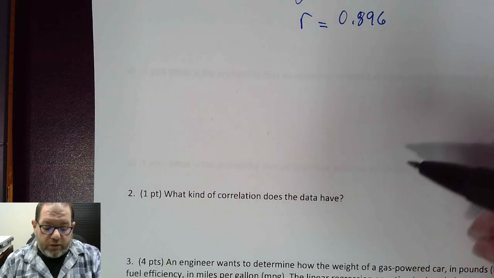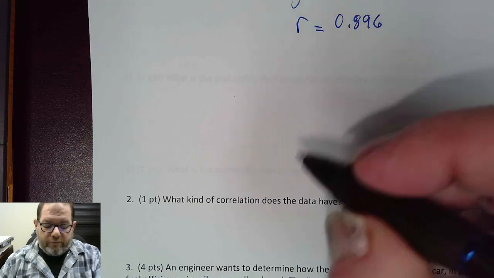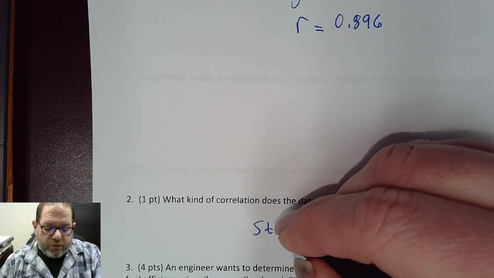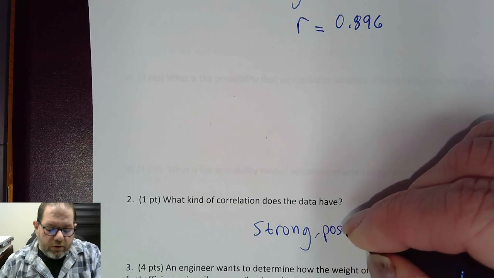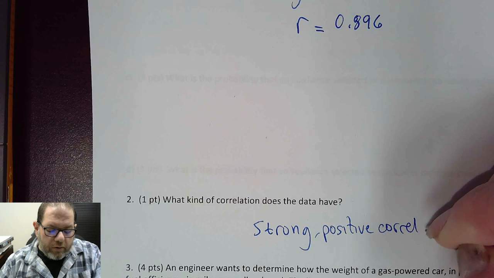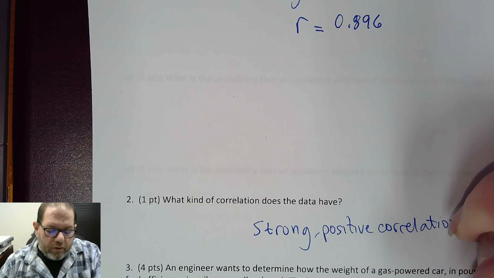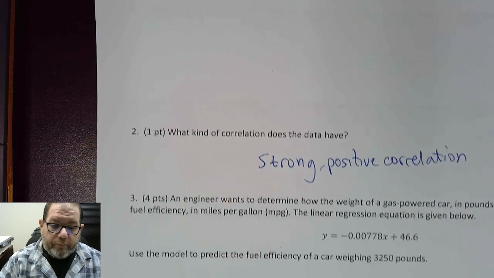And so this one, because it's positive and greater than 0.7, we call a strong positive correlation. Okay, so that's all we have to do there.